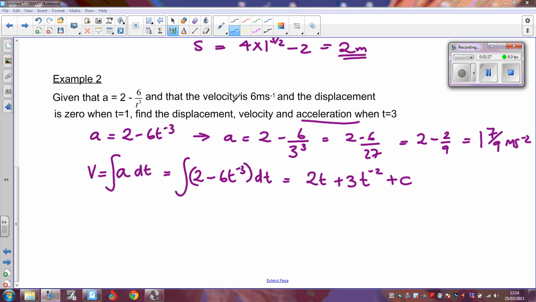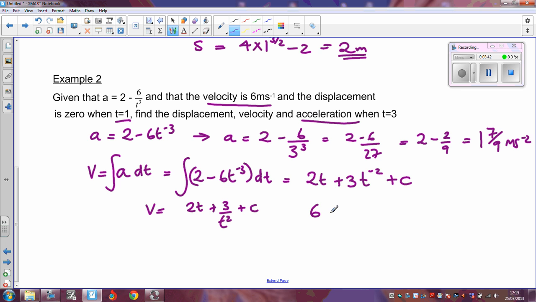Now we're told that the velocity is 6 when t is 1. So we know that v is 2t plus 3 over t squared plus c. So v is equal to 2 plus 3 over 1 squared, or that's just 1 plus c. And that's going to give us that c is 6 take away 5, which is 1.